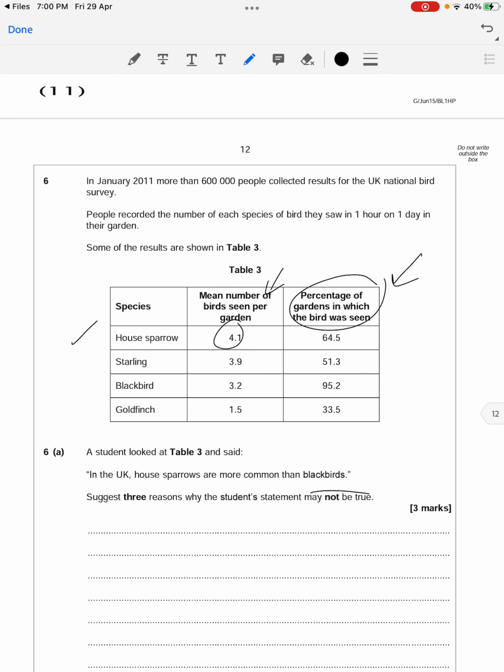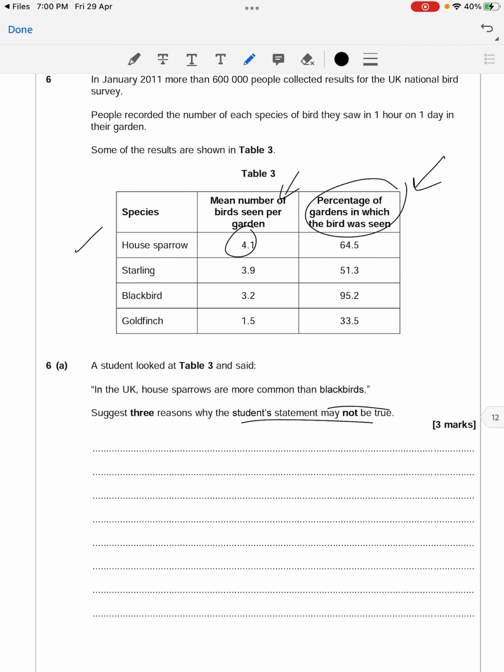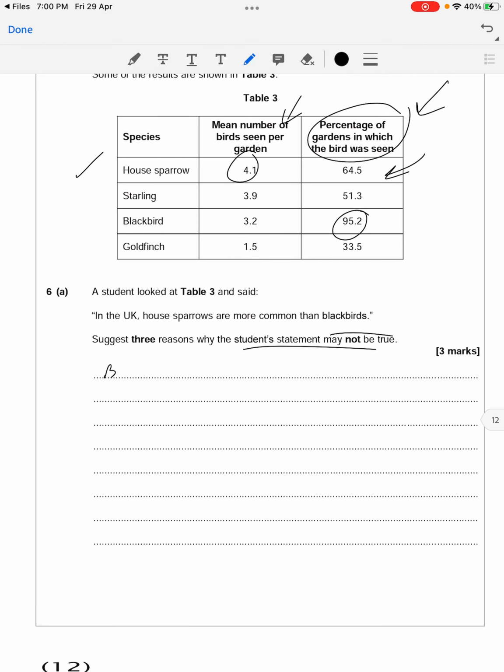So why the student's statement may not be true: the percentage of gardens in which these birds were seen is pretty less, whereas we have a higher chance of seeing blackbirds, because by looking at the table, blackbirds are seen in higher percentages in more gardens.